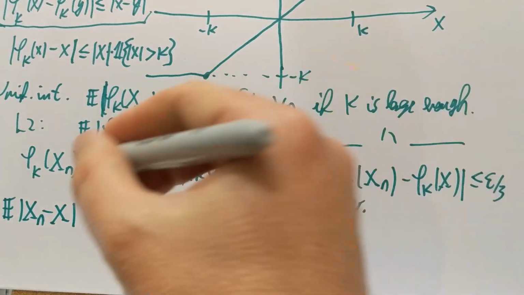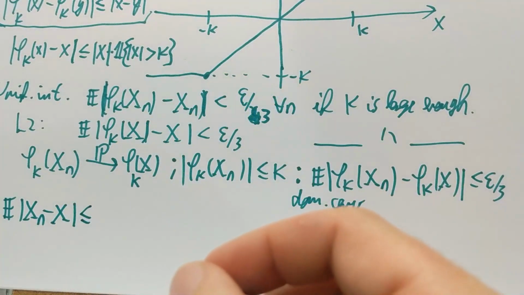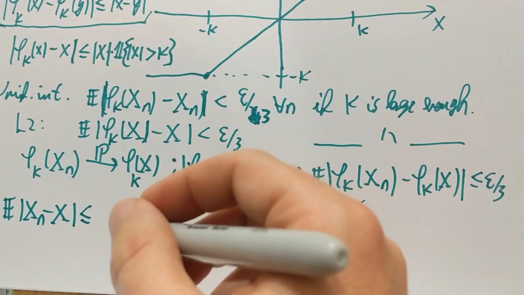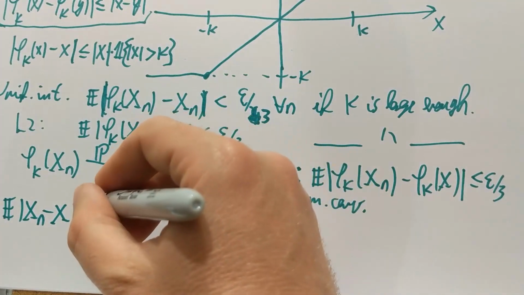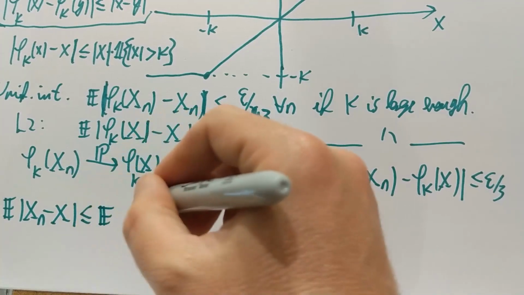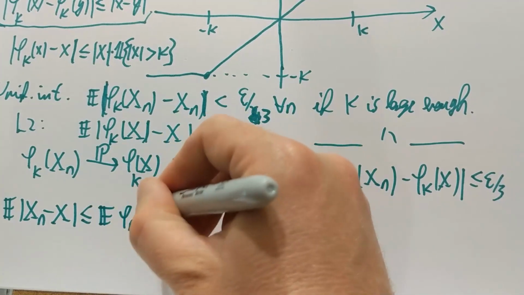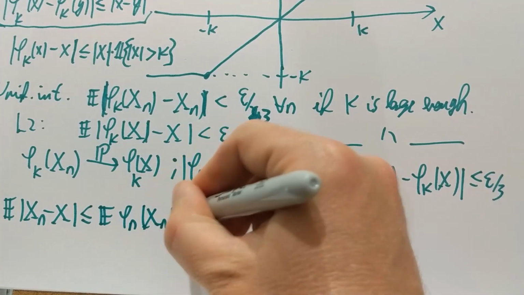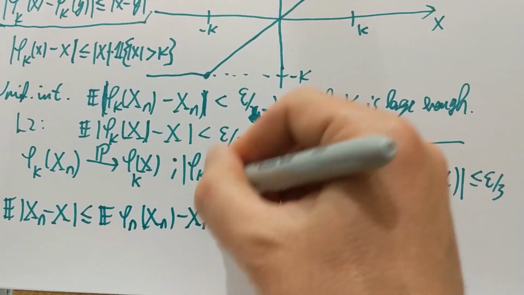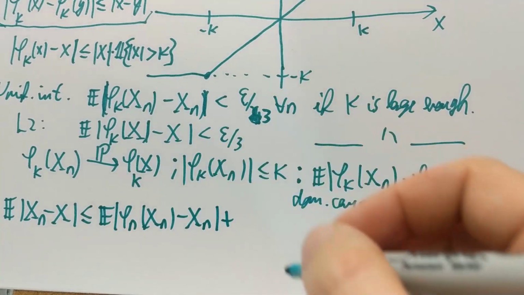And let's see how that works. So again, a triangle inequality. I'm going to insert a couple of terms here. I'm going to add in a phi k of xn, and straight away I'm going to apply the triangle inequality on that.